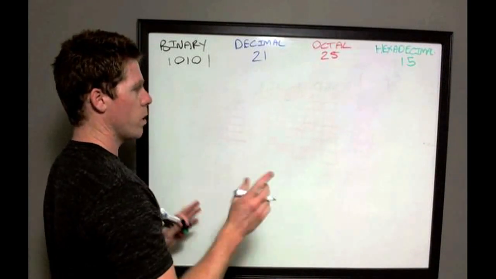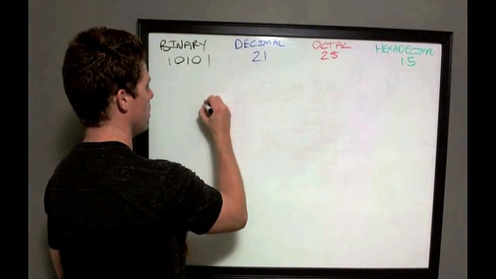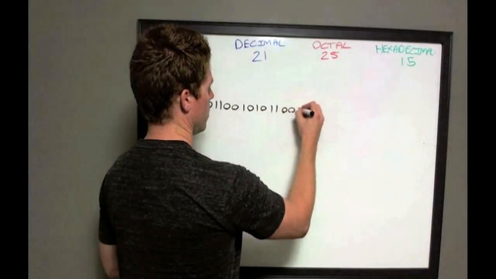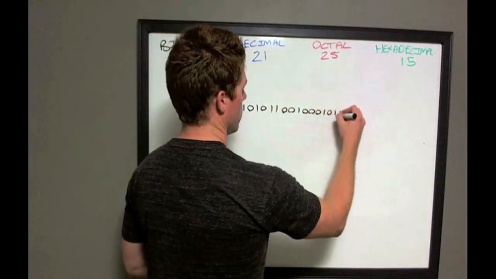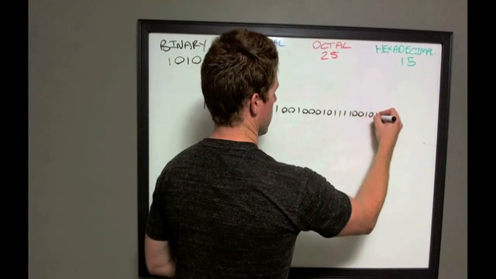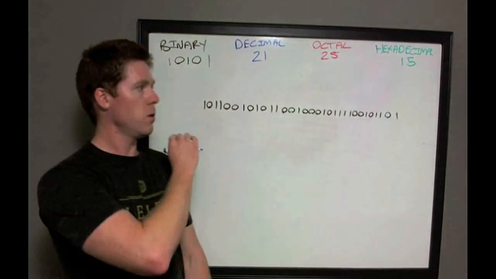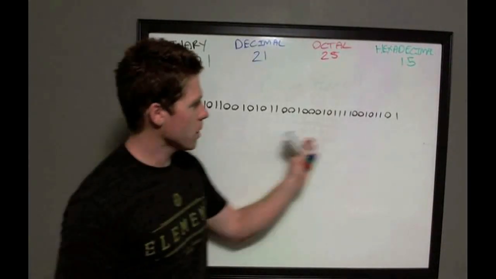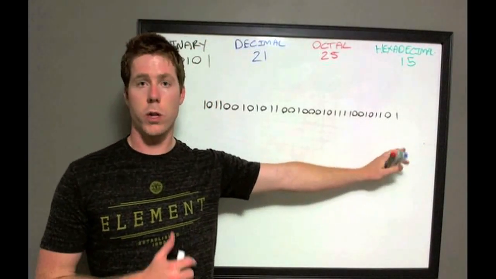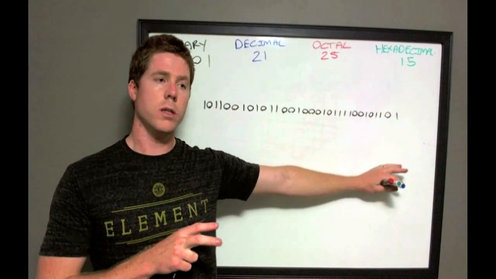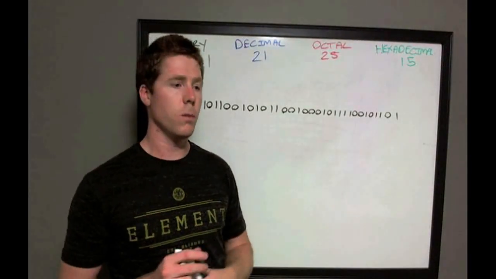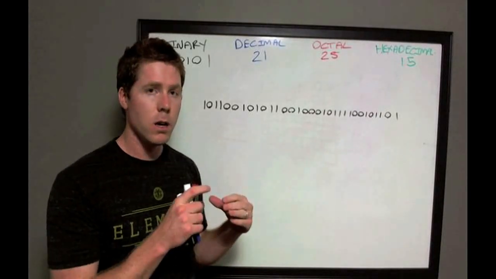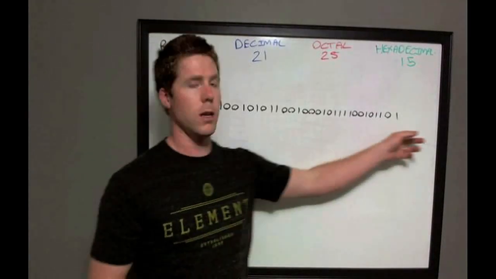So let's say we've got one specific address. There is a 32-bit combination on our address bus. Let's say that you're a technician working on some kind of computer system and you needed to have a look at what data was located at this address here.